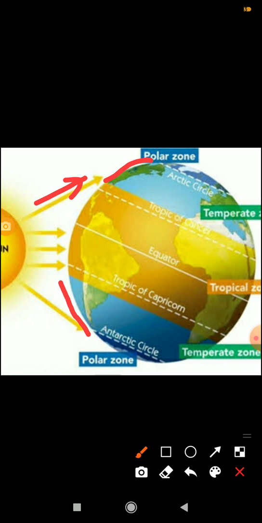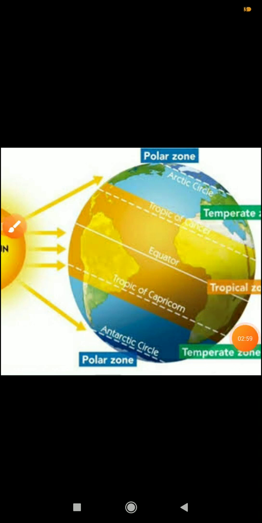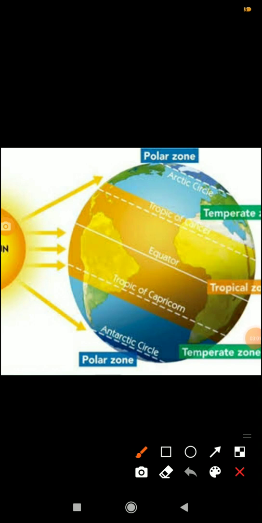One is in the northern hemisphere and second is in the southern hemisphere. This zone has moderate temperature, which means it is neither very hot nor very cold. The rays of the sun falling on this region are not direct or overhead, which makes the climate of this region temperate or moderate.